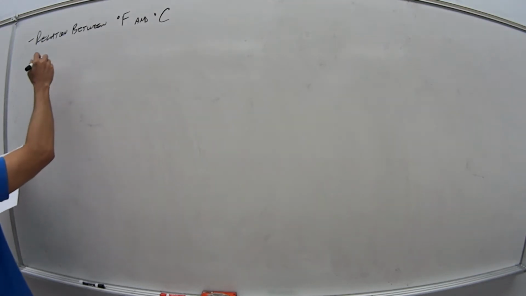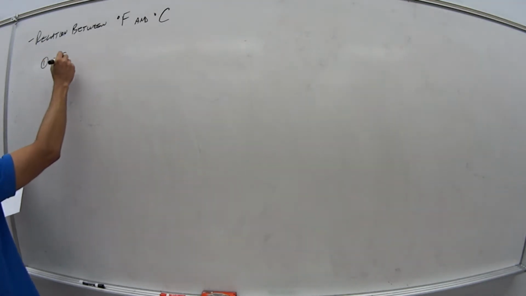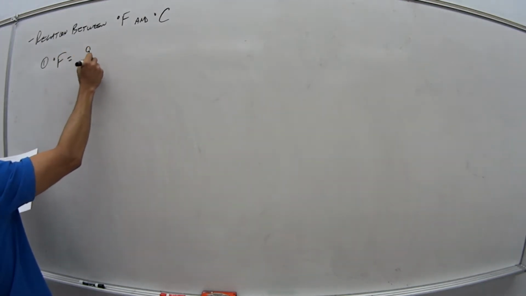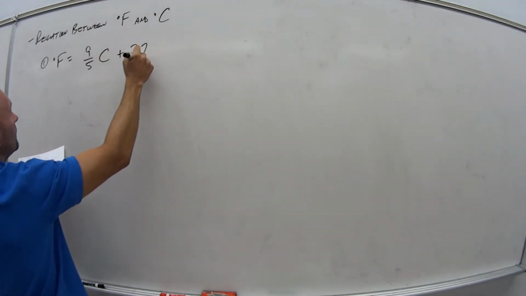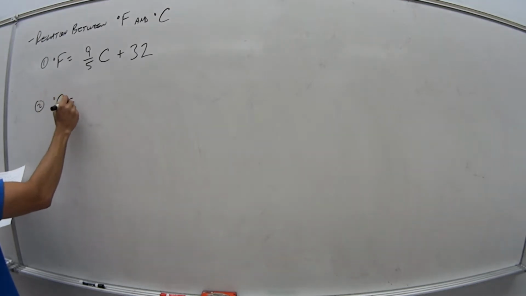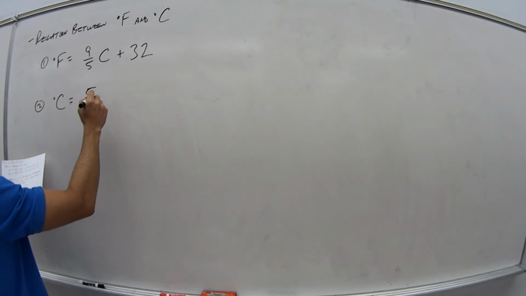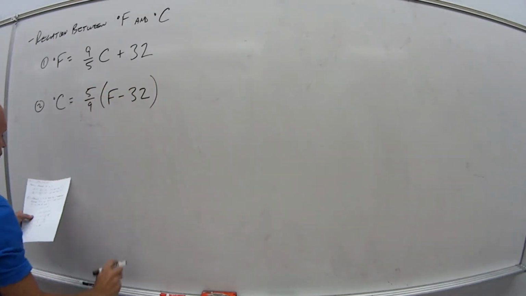But the relationship is as follows. Our degrees Fahrenheit is equal to 9/5 times the degrees Celsius plus 32. And our degrees Celsius is 5/9 times Fahrenheit minus 32.